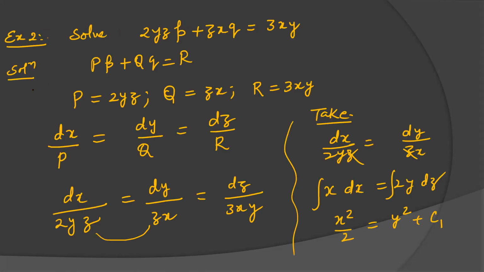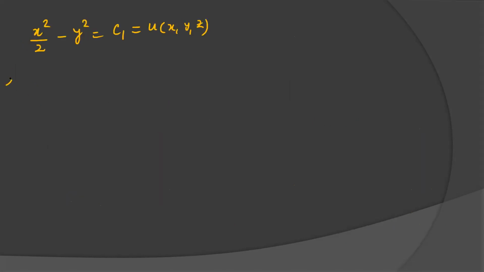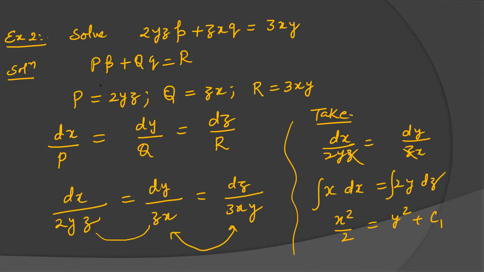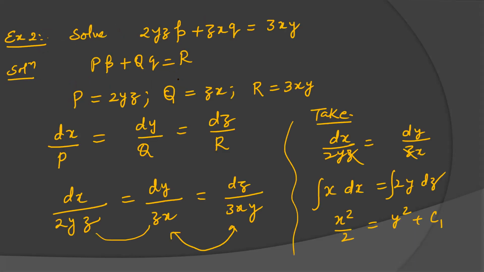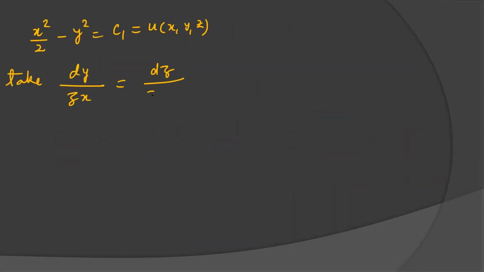Now, what should be the second? If you see these two, x is going to be cancelled out and y and z variables can be separated. So take dy over zx equal to dz over 3xy. x is cancelled out.